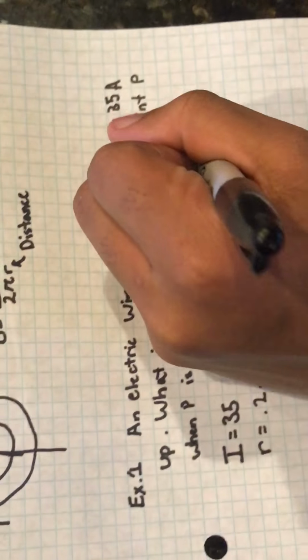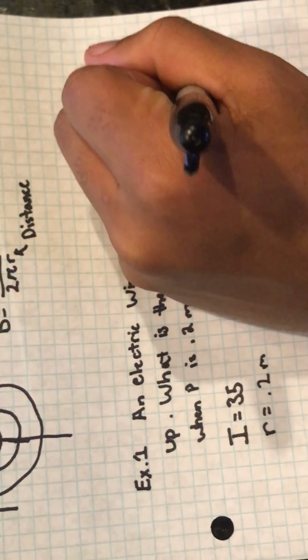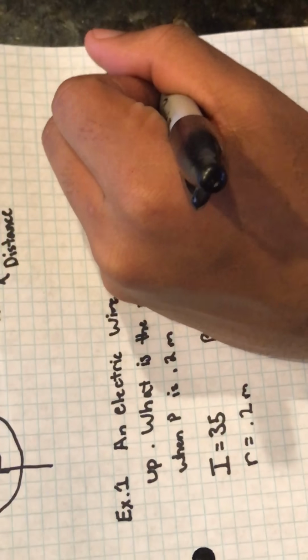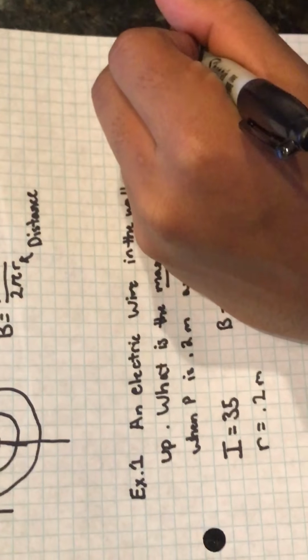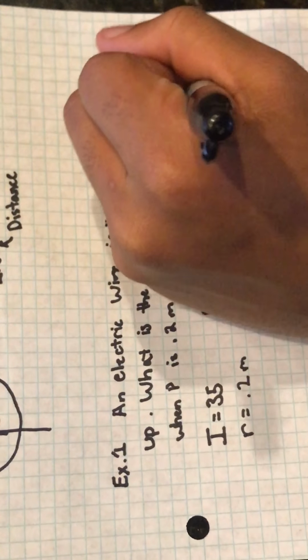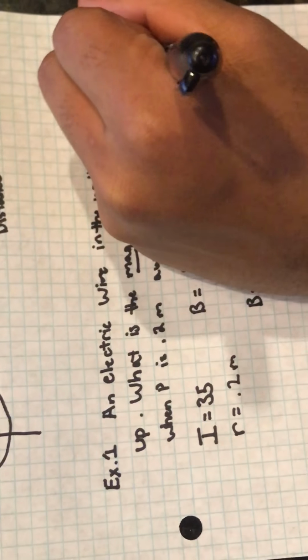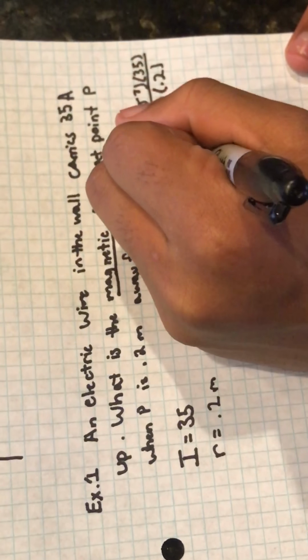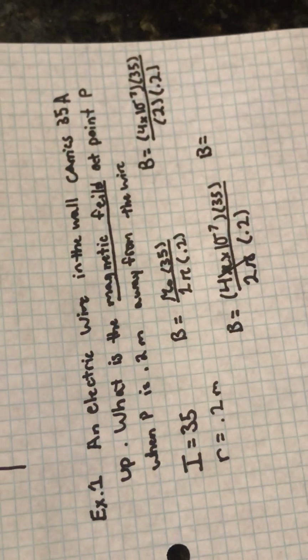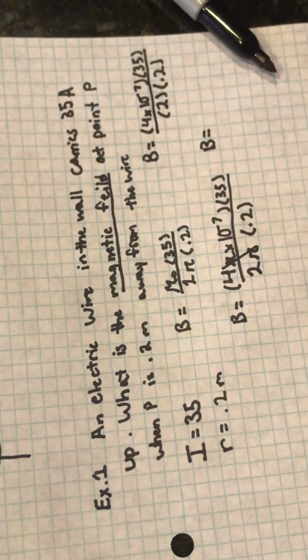So B equals 4 times 10 to the negative 7 times 35 over 2 times 0.2. So B equals, pause video.